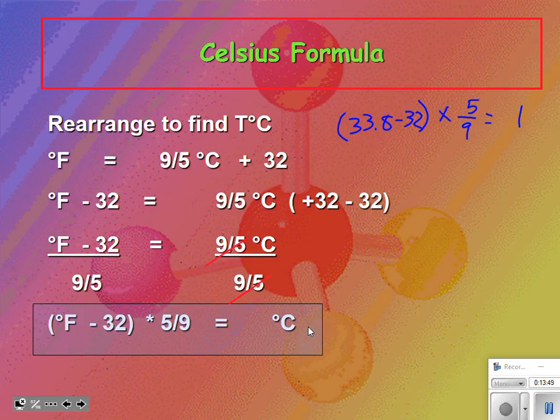Now, don't put the parentheses in there and see what happens. So the second one is 33.8 minus 32 times 5/9. Put that in your calculator and see what you get.